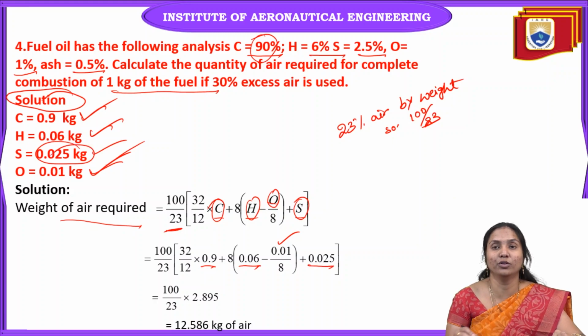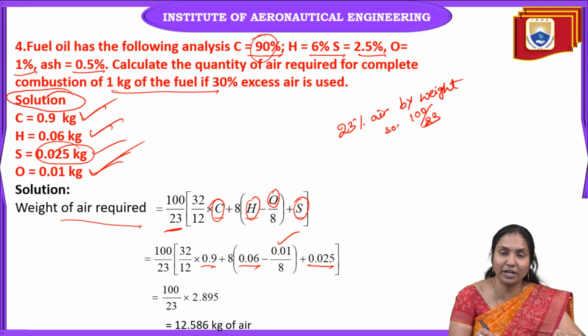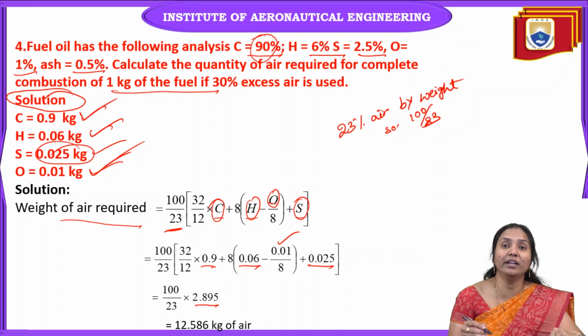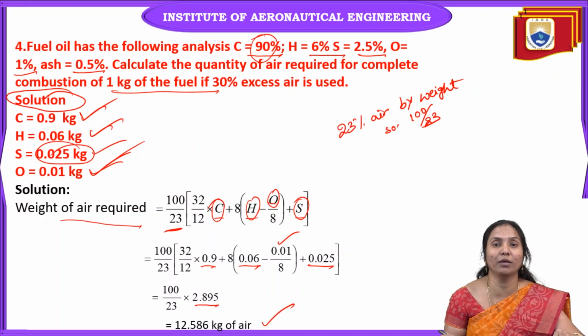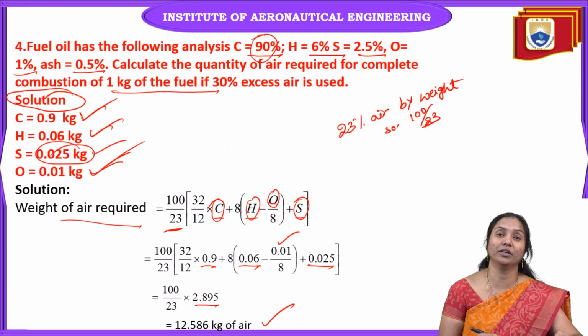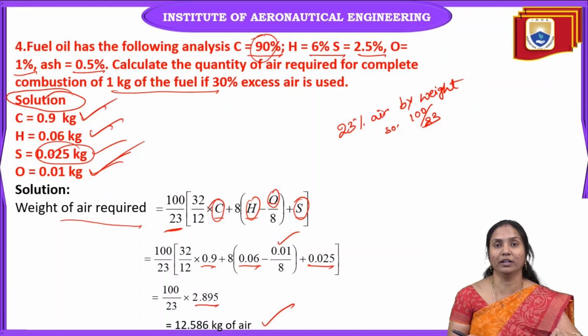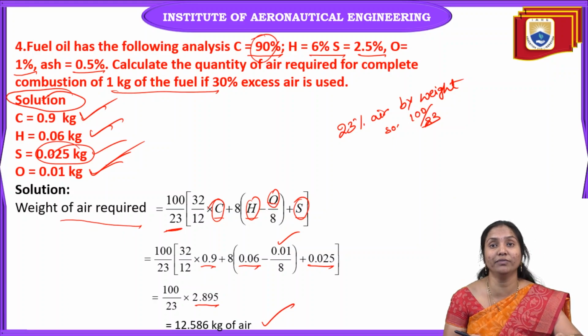So after calculation, you'll get 100 by 23 into 2.895. So finally, weight of air required is equal to 12.586 kilogram of air. Here I am using weight by weight. So its value is 12.586 kilogram of air required for complete combustion of 1 kg of fuel.